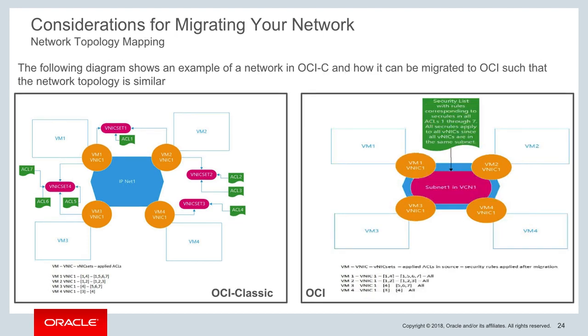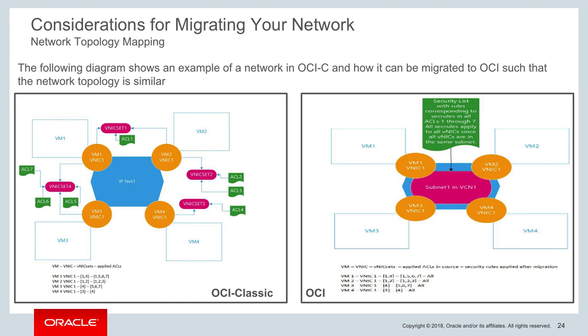Let us now see how the OCI environment looks like when network topology mapping is used for designing the VCN. As you can see in the slide, this results in a creation of a single VCN with a single subnet, which has a security list with all the rules corresponding to all ACLs 1 through 7, and all security rules apply to all VNICs, since all the VNICs are in the same subnet.